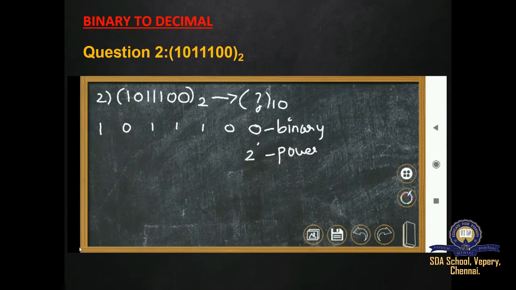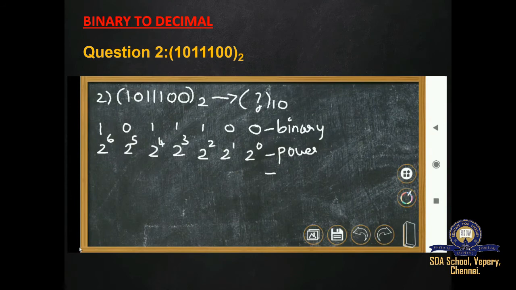The first will be 2 power 0, 2 power 1, 2 power 2, 2 power 3, 2 power 4, 2 power 5, 2 power 6. These are our powers.